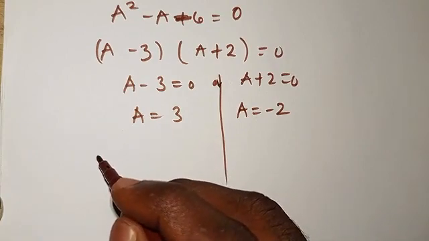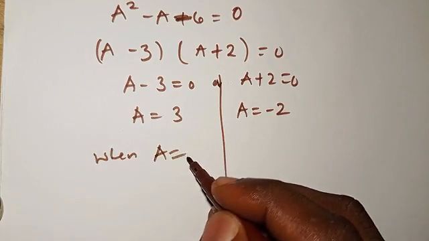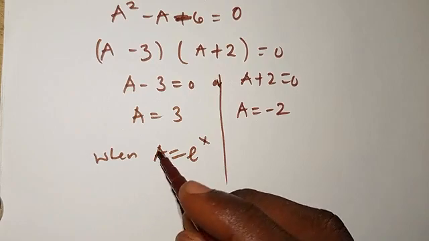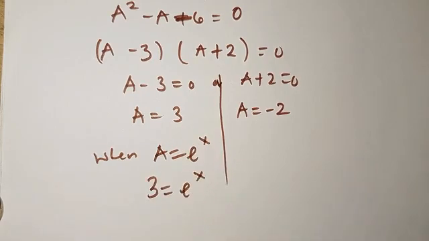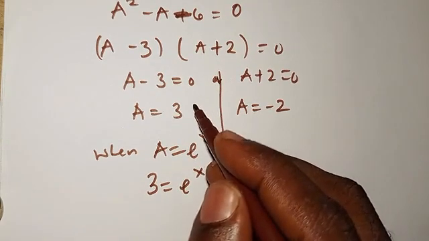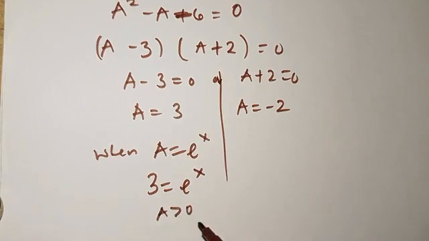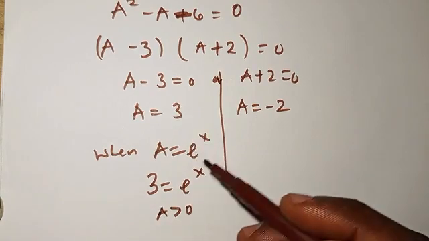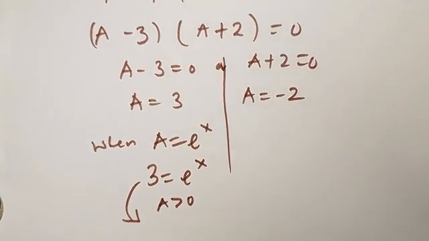So therefore we recall that a equals e to the power x, so we take 3 equals e to the power x, right? So for this value a, don't forget that a must be what? A must be greater than 0.